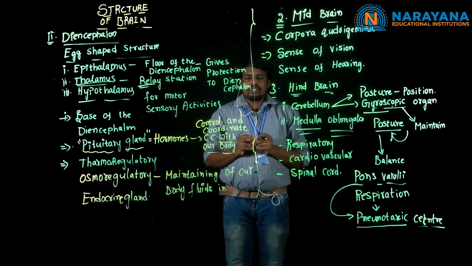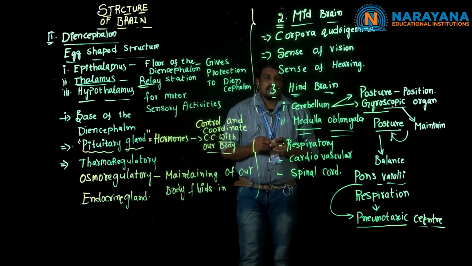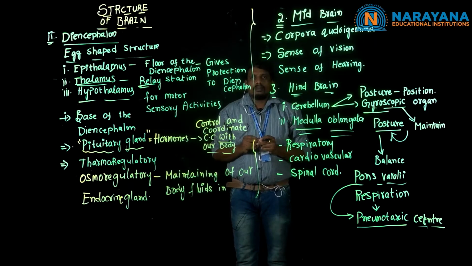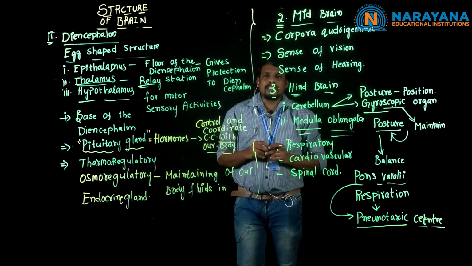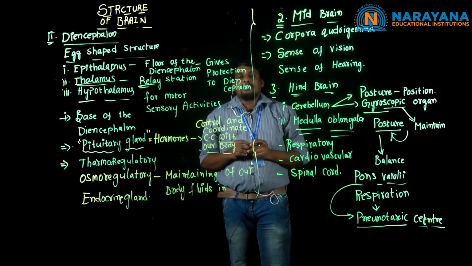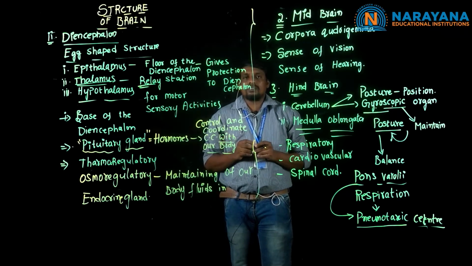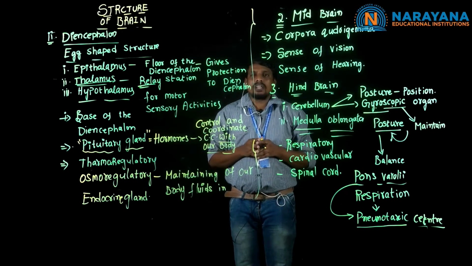Can you repeat the question, Nana, once again? Does the pons varolii maintain anaerobic respiration? Yeah, it doesn't include anaerobic respiration. Why? Because anaerobic respiration is a typical process that is not under the control of the pons varolii.